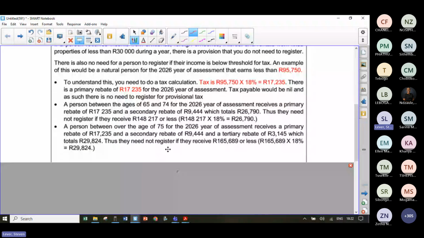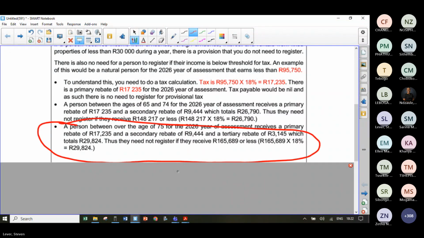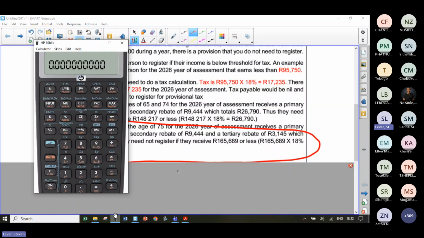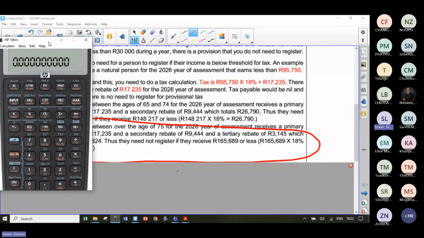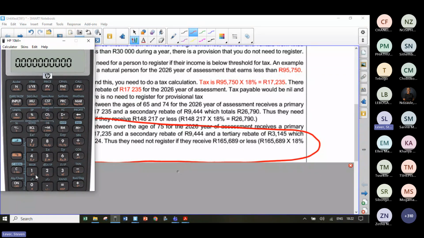Their threshold is over here inside the question in my discussion. It says a person over the age of 75 receives a primary rebate of 17,235, a secondary rebate of 9,444, and a tertiary rebate of 3,145. So if we add all three of those together, we would add 17,235 plus 9,444 plus 3,145.